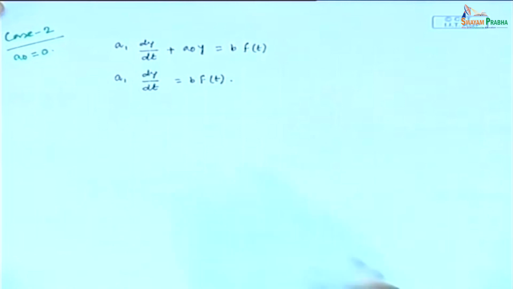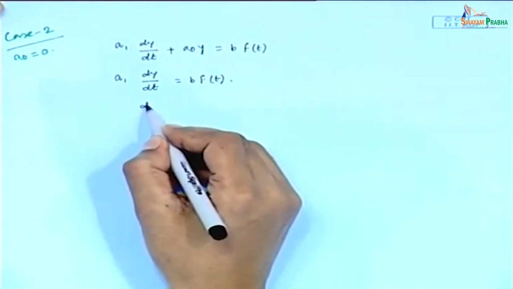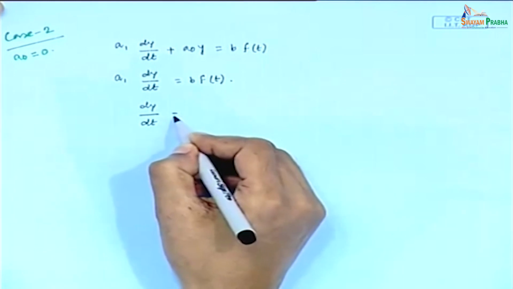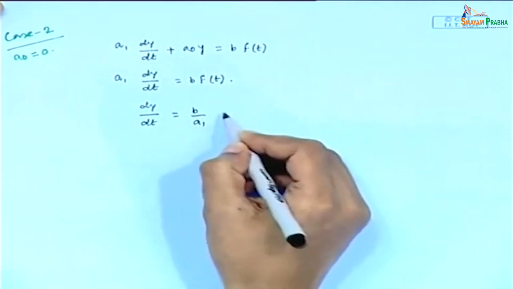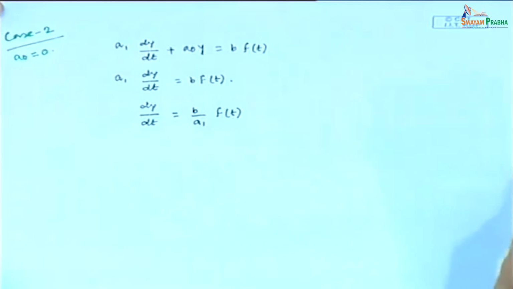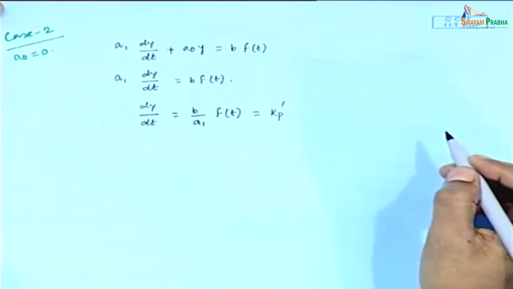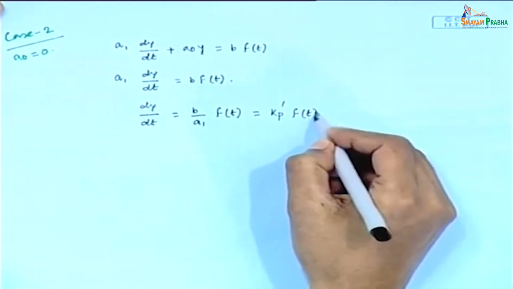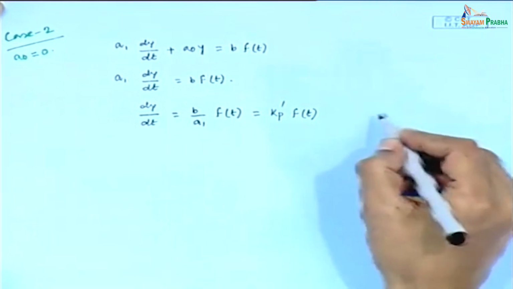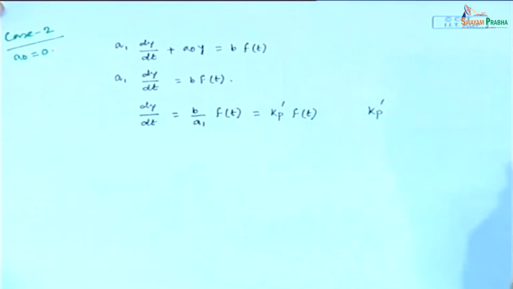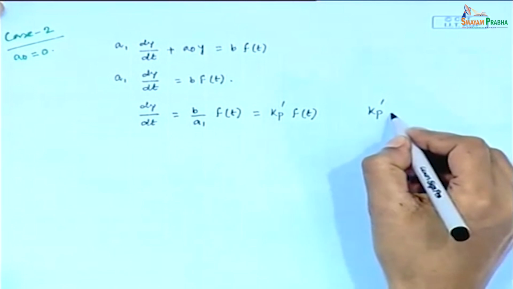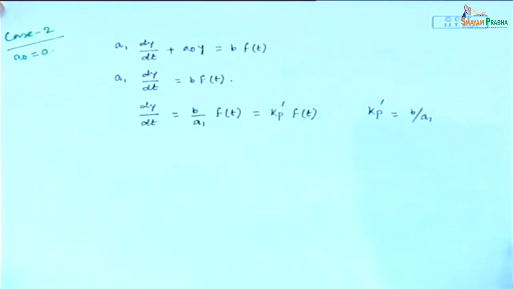Fine. That means dy dt equal to b by a1 f t. This is equal to k p prime f t. Here gain is represented by k p prime and that is b by a1.